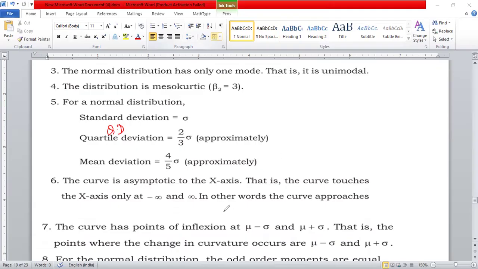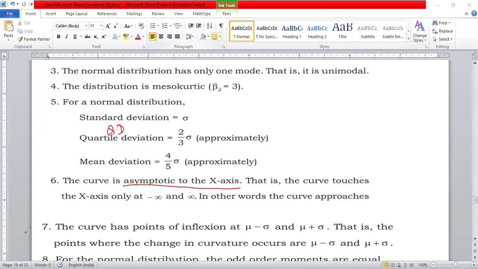After that, the curve is asymptotic to the x-axis. What do you mean by asymptotic? The ends of the bell-shaped curve never touch the x-axis, they keep on going. Many people, when drawing the bell-shaped curve, touch the x-axis. No, the normal distribution curve never touches the x-axis, it keeps on going. That is called asymptotic.